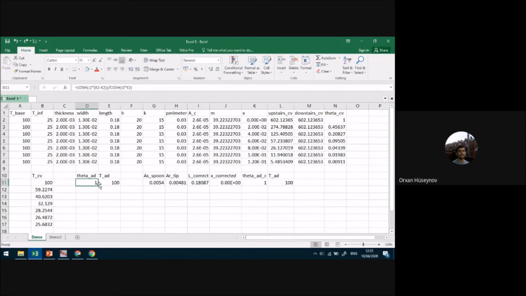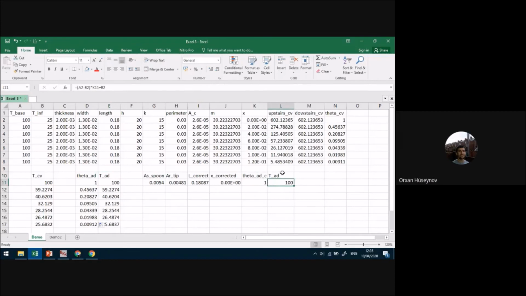And now let's calculate the adiabatic temperature along the spoon. So firstly I increase the number of rows. All of them show 25. First increase this one, because this one calculates the temperature with respect to theta adiabatic, therefore I should change the parameters here so that we have reasonable values here.